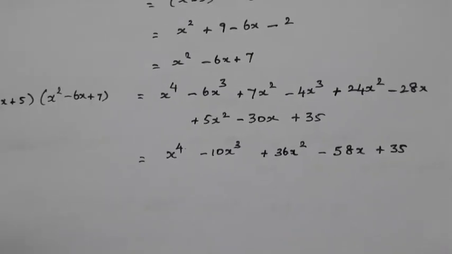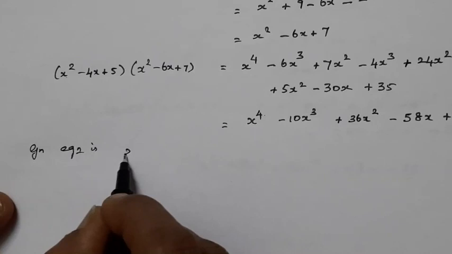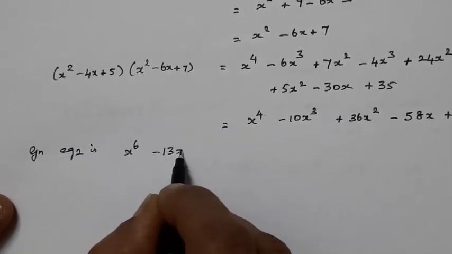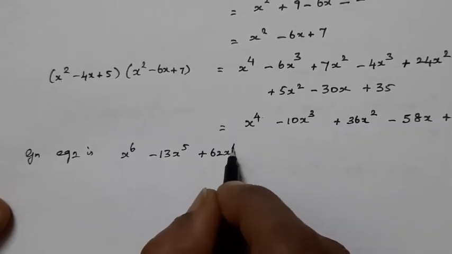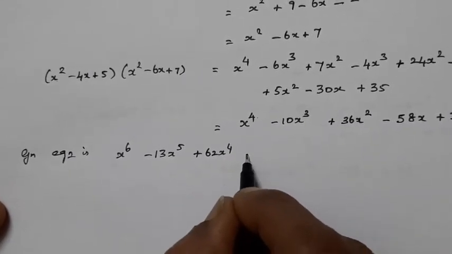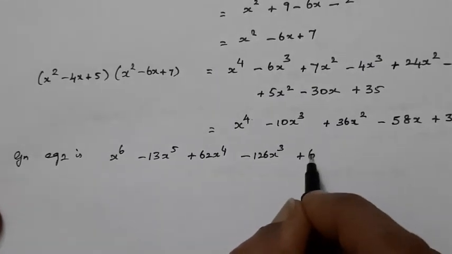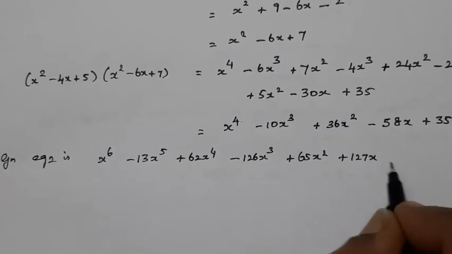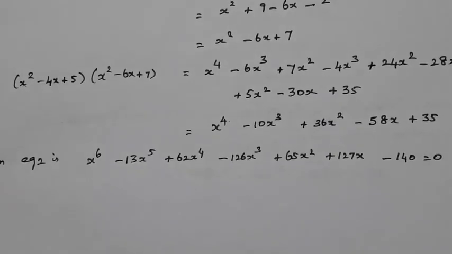Then the given equation is x power 6 minus 13x power 5 plus 62x power 4 minus 126x cube plus 65x squared plus 127x minus 140 equal to 0.